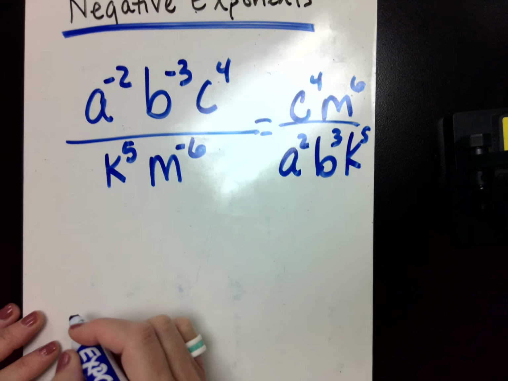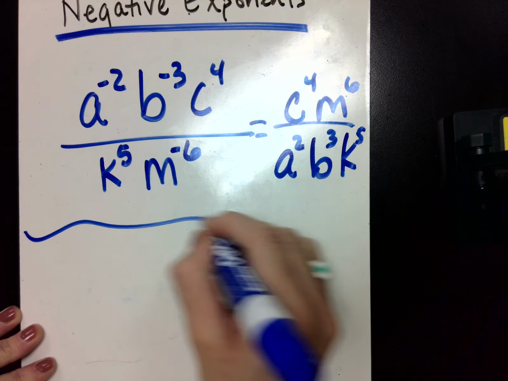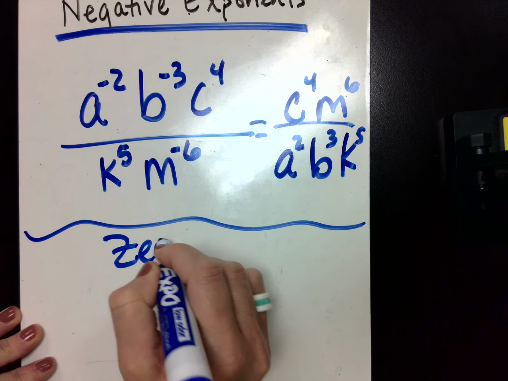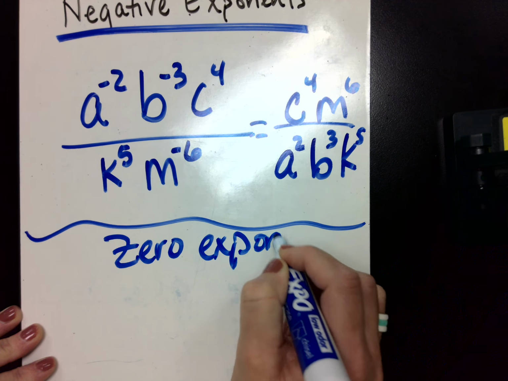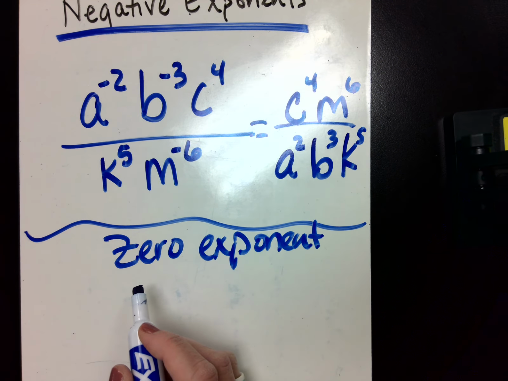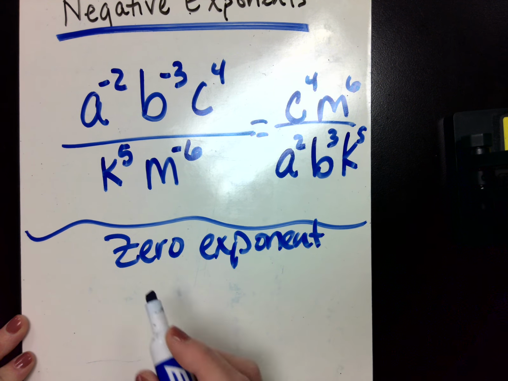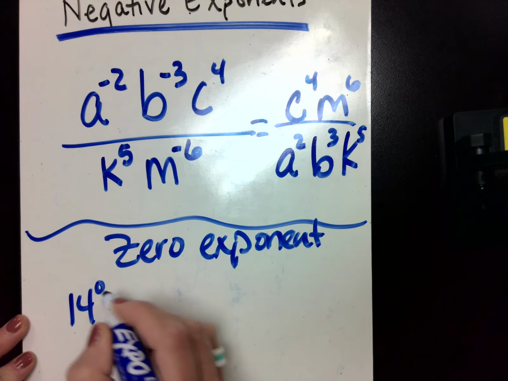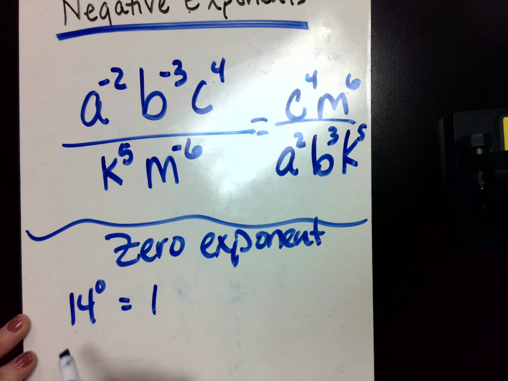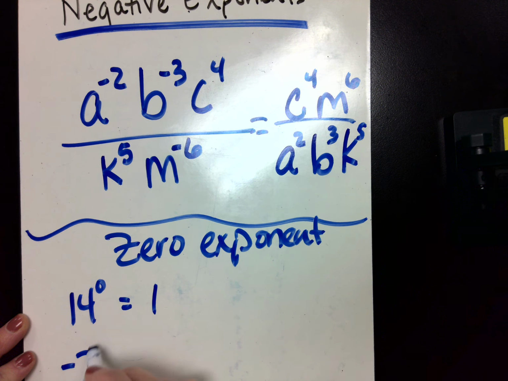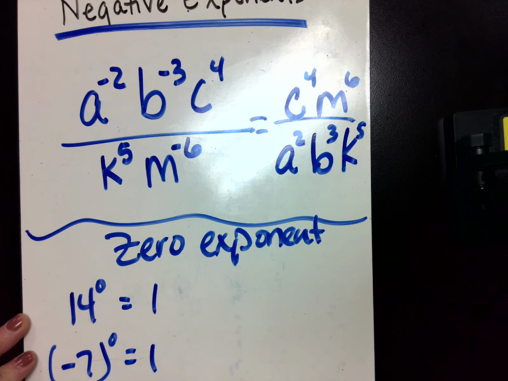Now, the only other thing I want to add in this video is to remember about 0 as an exponent. It's in your notes that anything with a 0 as an exponent just equals 1. So if you have 14 to the 0 power, it equals 1. If you have negative 7 to the 0 power, it equals 1.